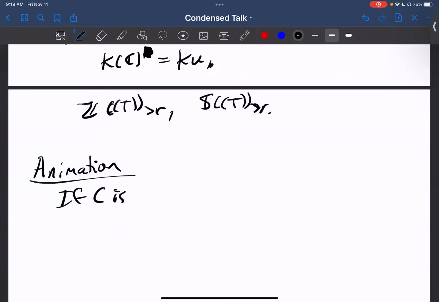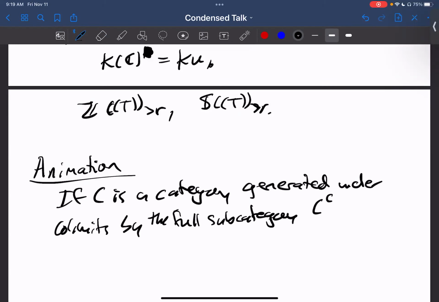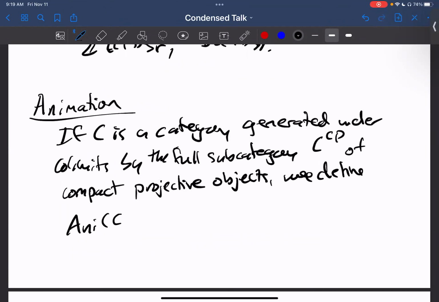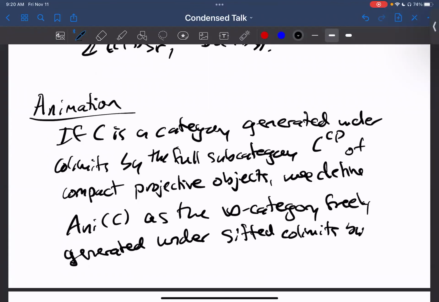So if C is a category generated under colimits by a full subcategory, rather by the full subcategory C^CP, where CP means compact projective, then we define the animation of C as the infinity category freely generated under sifted colimits by these compact projective objects.